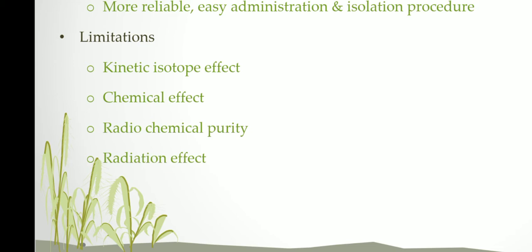The effect will be more in lighter elements like carbon 12, carbon 14, etc., and this kinetic isotope effect will be lesser in heavier elements like phosphorus 32, phosphorus 31, etc.